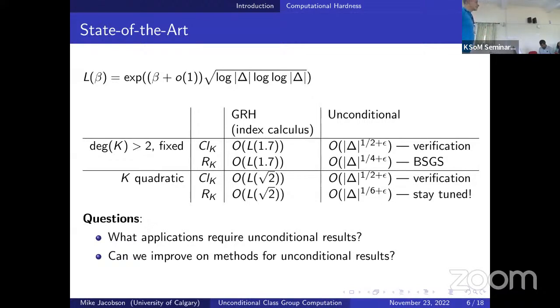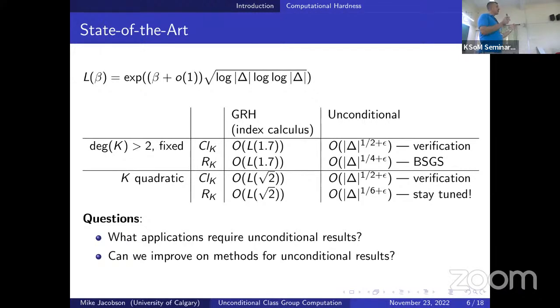Do you have any problems with not knowing whether an ideal is principal or not? Do you need GRH for that? Well, again, what you need is to start with a set of prime ideals that you know generate the class group. If you assume the GRH, you get some finite set of relatively small norms.